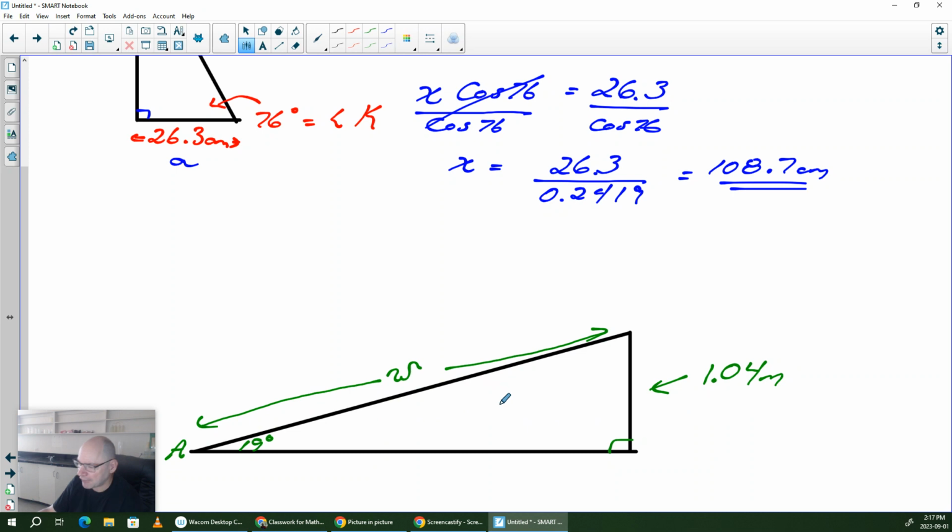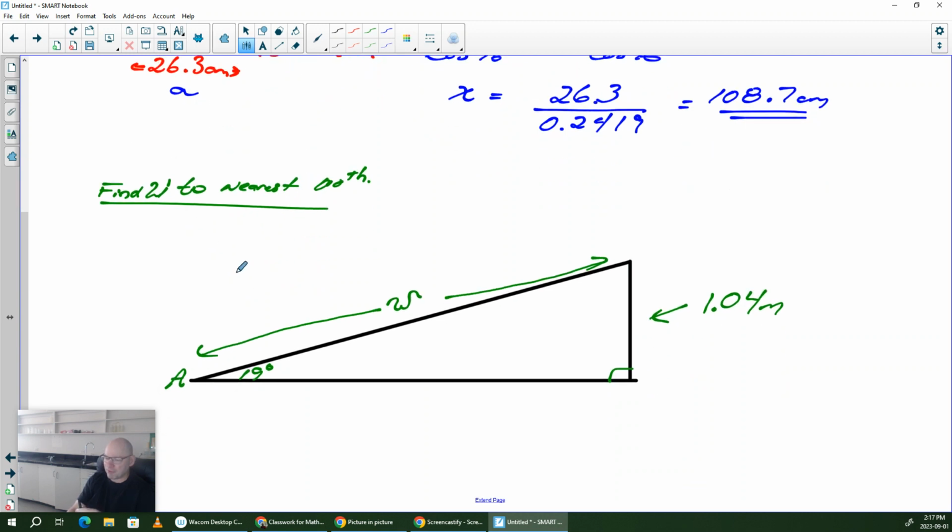And we want to know the length to the nearest hundredth of a meter this time. Find W. Okay, so go ahead, try that one. I'll slide this up and work it out here. You can pause it and try it on your own if you want.